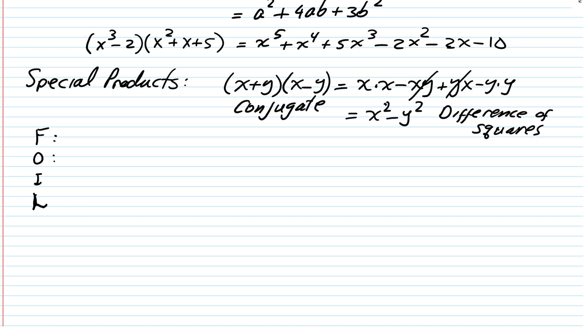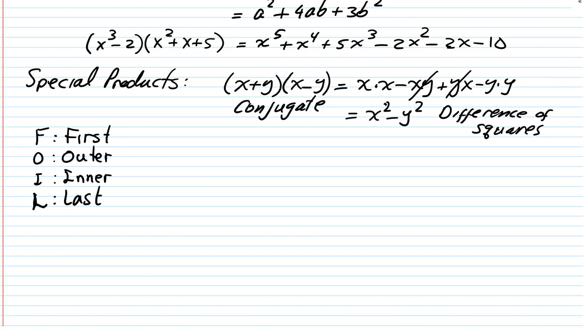It only works in English because I'm sure in other languages FOIL doesn't necessarily translate as nicely as it does for us. The first letter F is of the word first. O stands for outer. I stands for inner. And of course L stands for last.